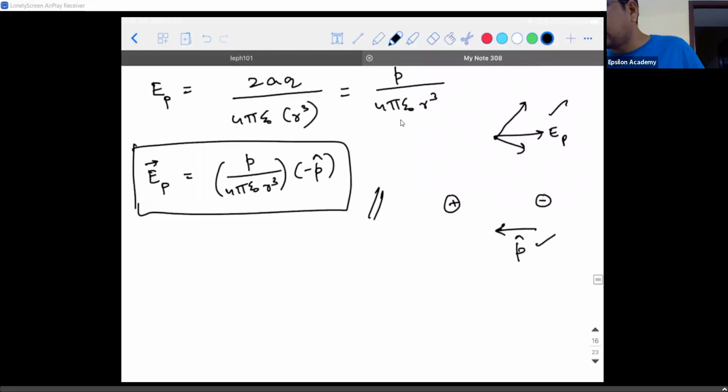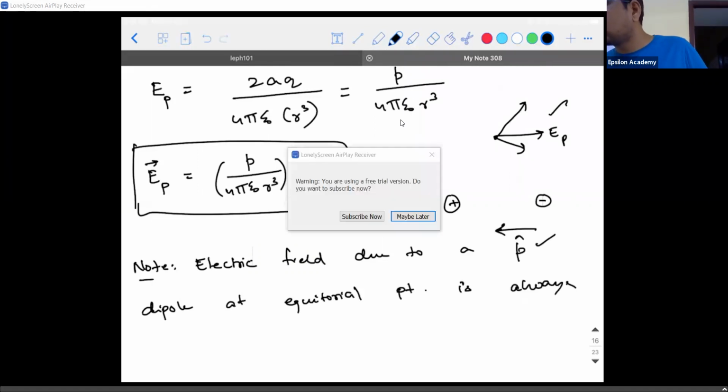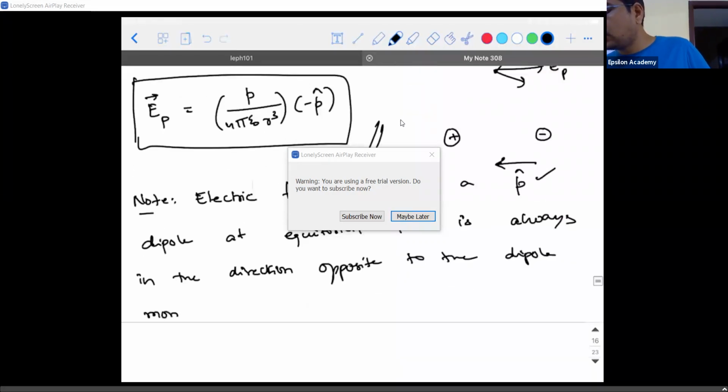So here an important note to be written is: electric field due to a dipole at equatorial point is always in the direction opposite to the dipole moment.